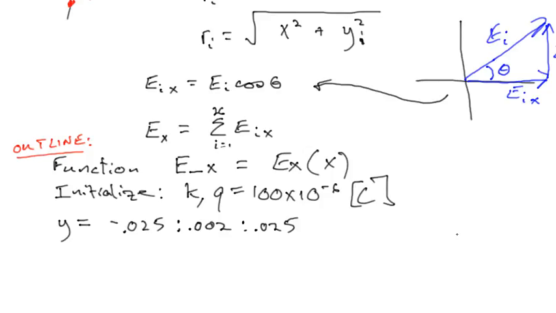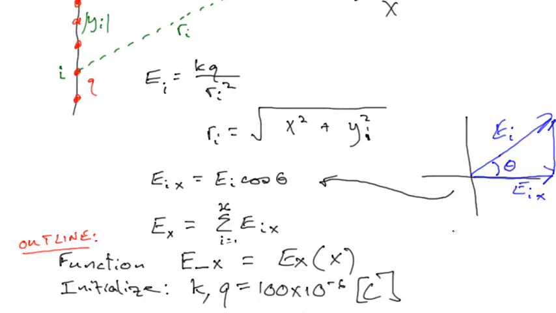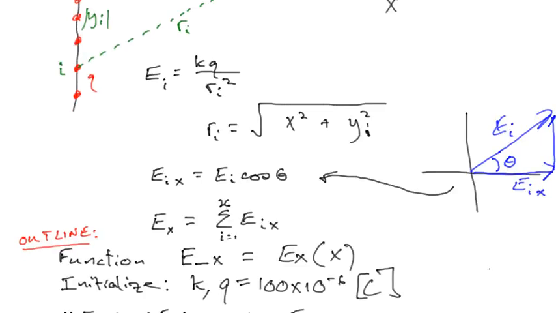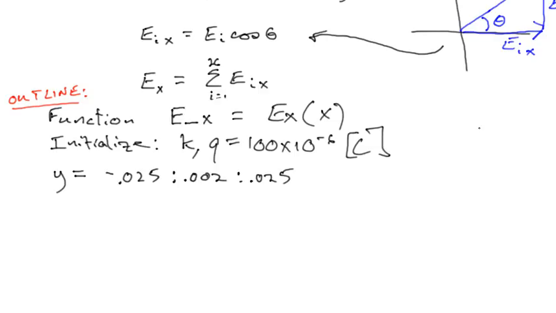So for each element of the array we've got to calculate the R. So I'll just put in R is equal to the square root of x squared, which we've got as the argument of the function, plus y squared.